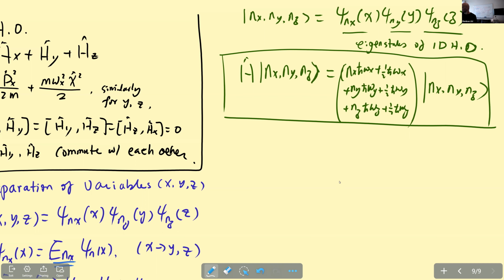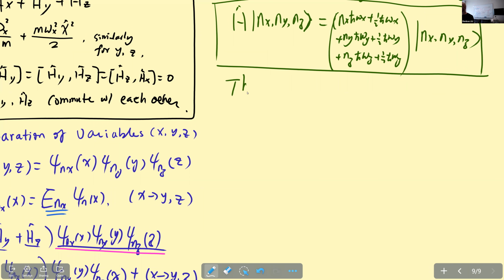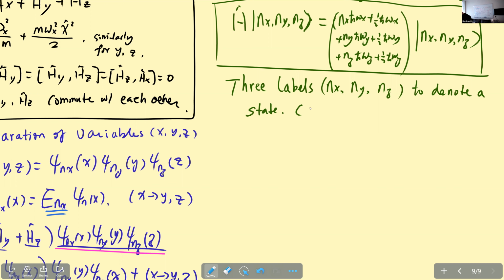Okay, very easy to write down the solution. And also now we see that we need three labels, n_x, n_y, n_z, to denote a state. So this is a typical phenomenon in the three-dimensional cases.